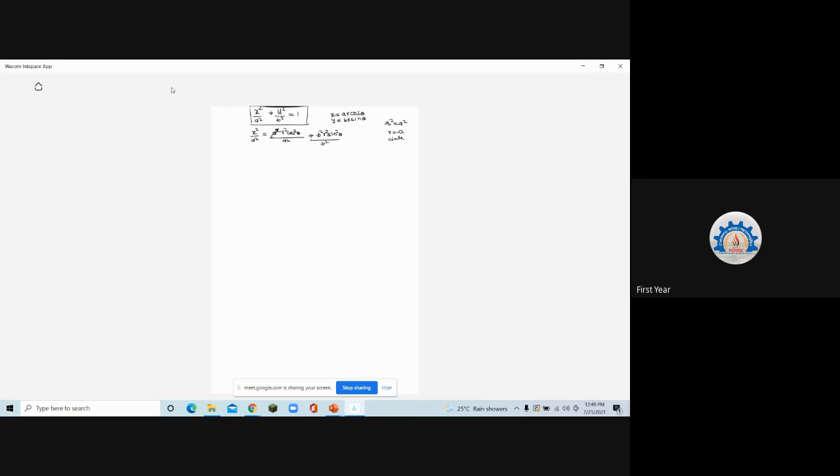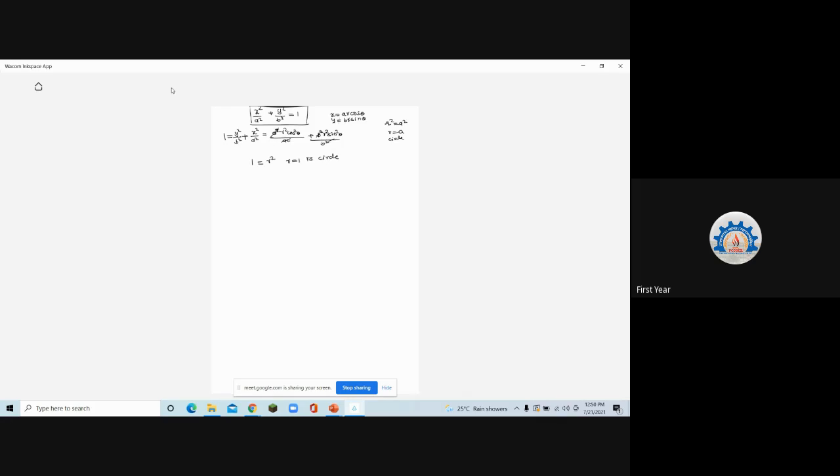So the a square value will get cancelled and b square also will get cancelled. So what will we get? I have not written the other part here, y square by b square, which is actually equal to 1. So I'll get 1 is equal to r square cos square theta plus r square sin square theta. So it is r square, that is r is equal to 1, which is a circle. Isn't it?